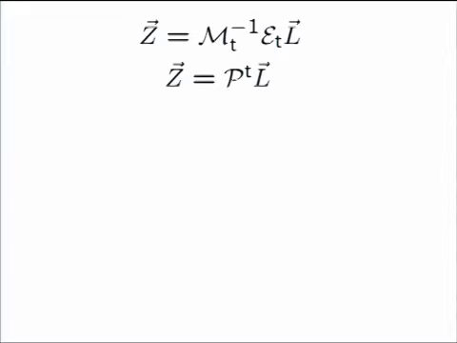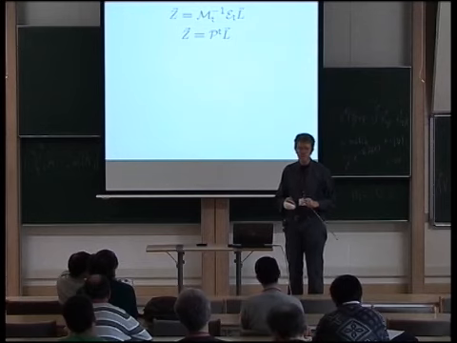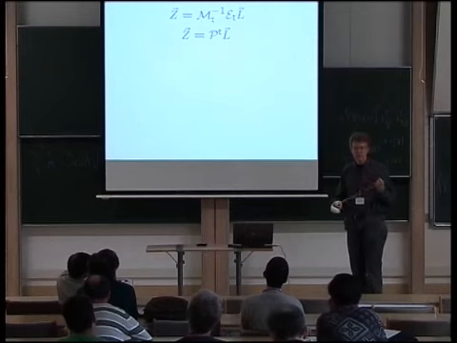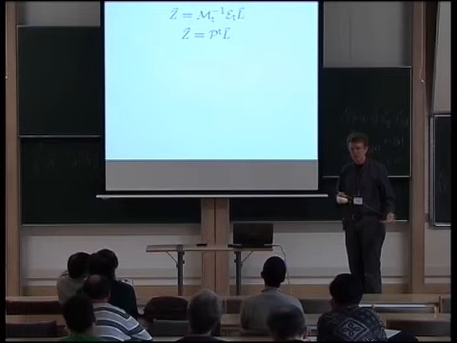Okay, so this is just copying from the previous slide. And P_tau is defined to be M_tau inverse times E_tau. Now, M_tau inverse has all kinds of rational fractions in it. And so a priori it's not clear that M_tau inverse times E_tau is going to be, well, a priori you would think it would have rational fractions in it.